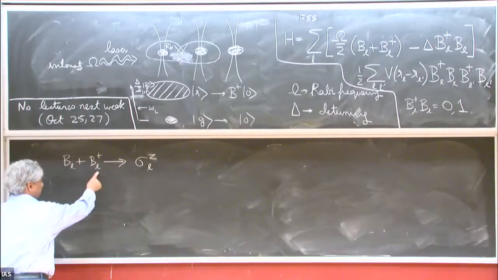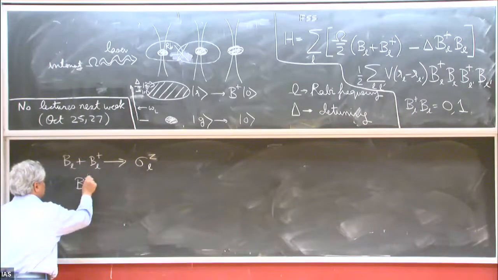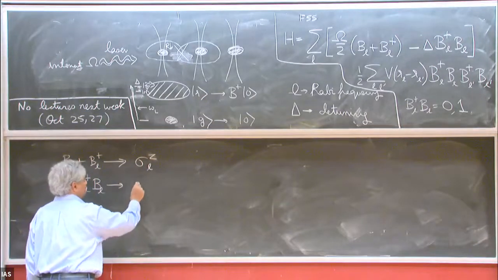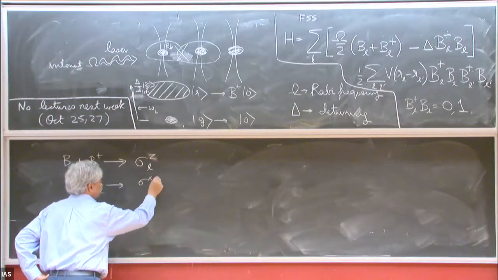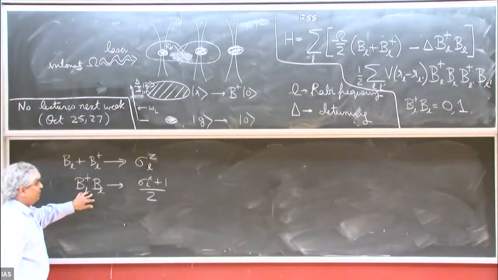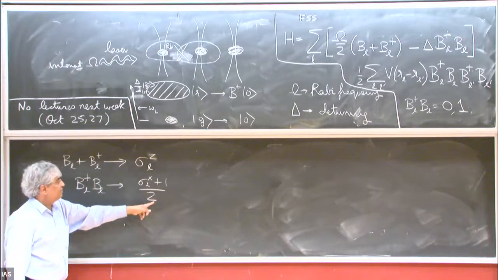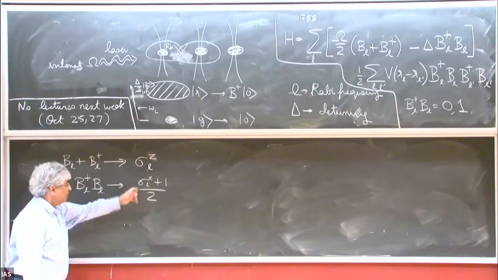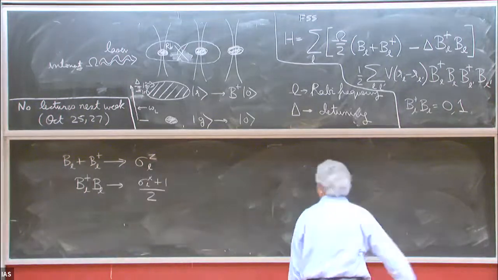So the raising and lowering operator is the sigma Z operator, and the number operator is (sigma X plus 1) over 2. So this has eigenvalues 0 and 1. And so when sigma X is plus 1, I have eigenvalue 1. And when it's minus 1, I have eigenvalue 0. Sorry. Okay. All right.